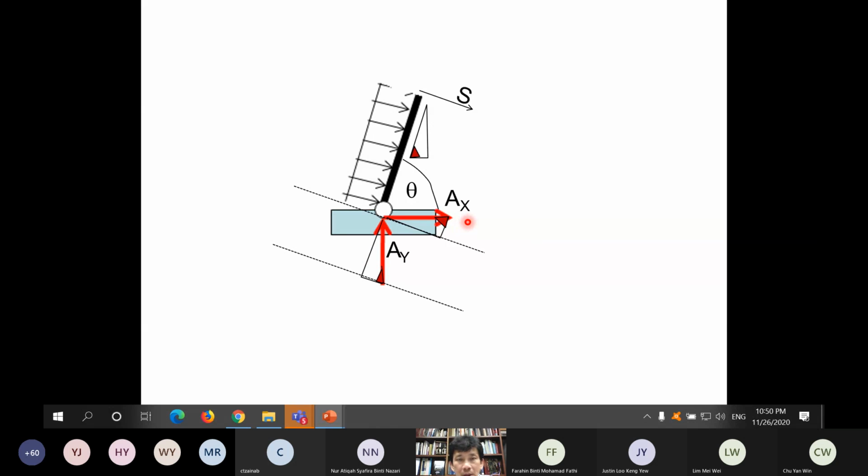If this is AX, and this is AY, the horizontal one and the vertical one, then the component which we need to calculate the shear force S becomes AX sine theta for this, and for this one it becomes AY cos theta, to get the component which is parallel to S, which we need when we calculate shear force in this member.